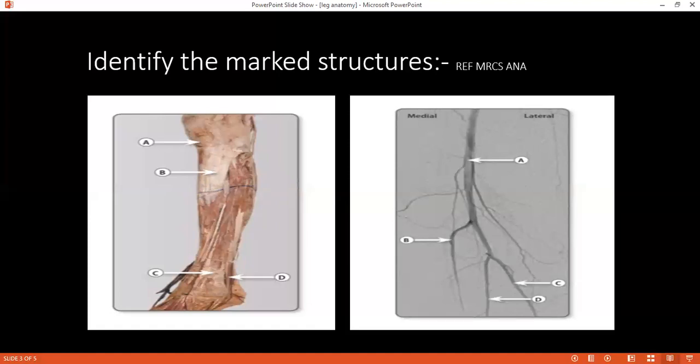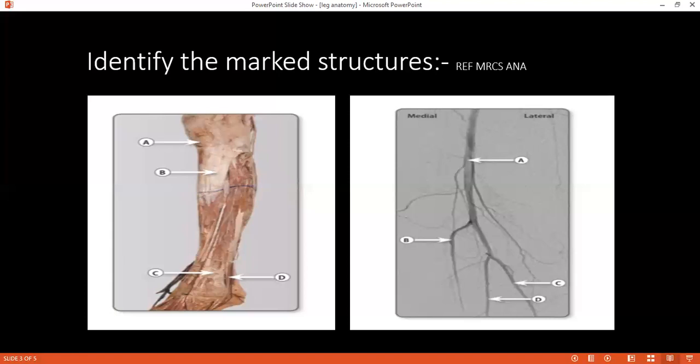Ma'am, the sensory supply is on the lateral aspect of the leg, and it divides into superficial and deep. The superficial one supplies the dorsum of the foot, except for the first web space, which is supplied by the deep peroneal nerve, and the muscular supply is to peroneus longus and brevis. What happens if there is a transection or injury of the common peroneal nerve?